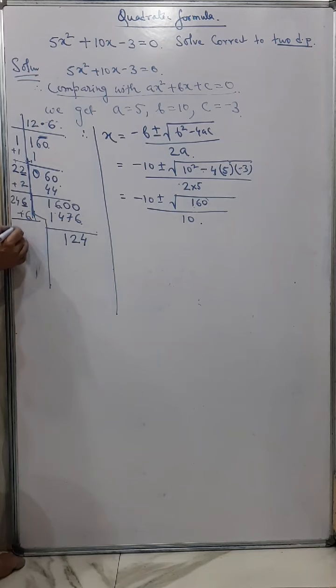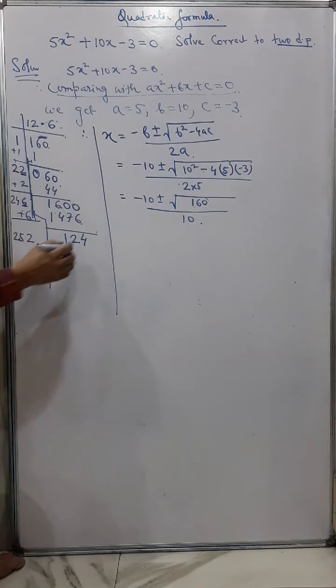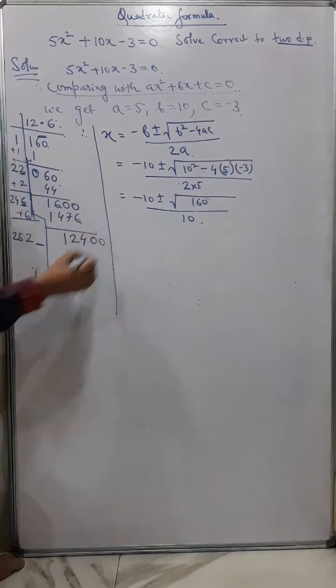What I get? I get 252. Again this 252 is not a 3-digit number, it's a 4-digit number. And I'll multiply with that to get this. Again it's a very small number, so what I'll do, I'll put 00 again.